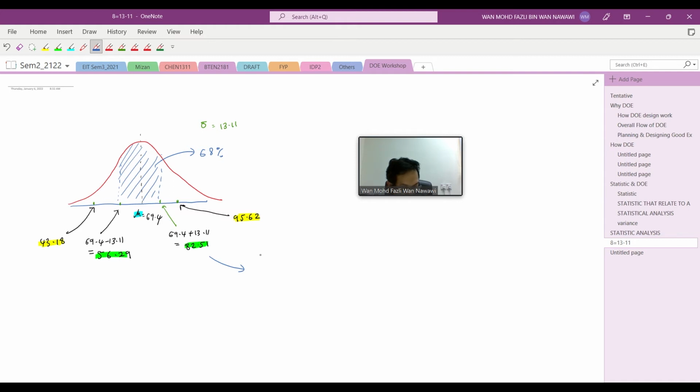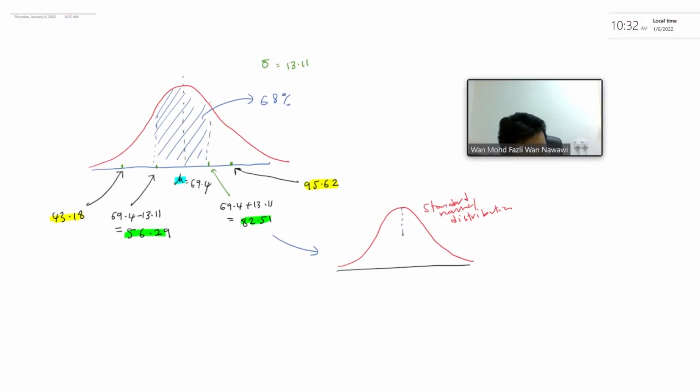In order to convert into the standard normal distribution, we know before that the standard normal distribution has mu equal to 0, and here is 1, -1, this is 2, this is -2. The area here we don't know yet.